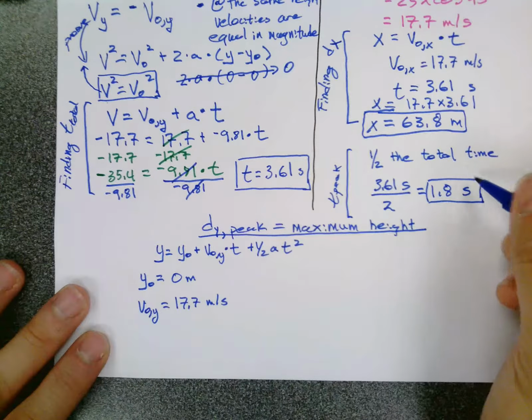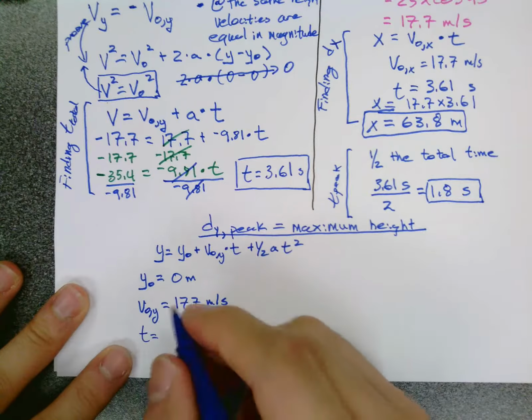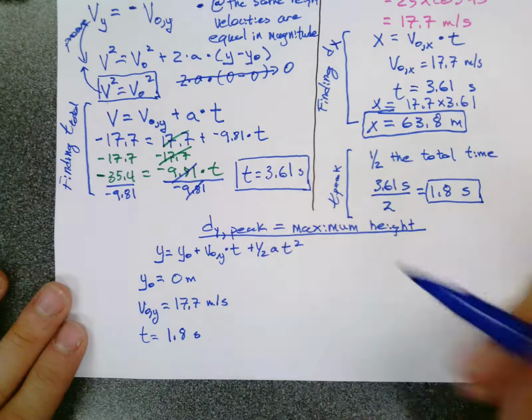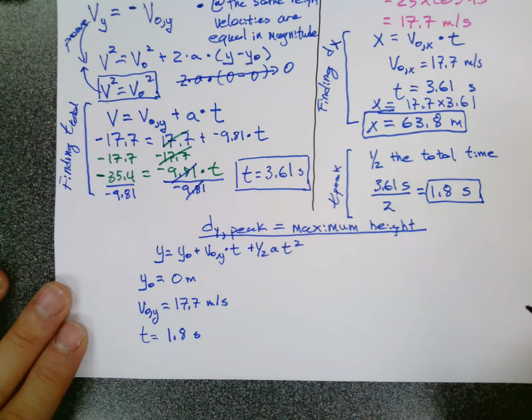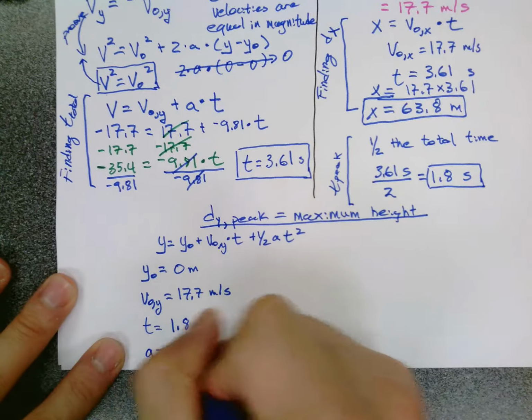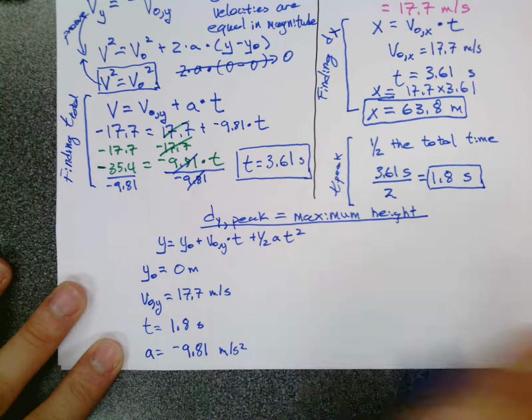The time at the peak is not 3.61, but actually 1.8 seconds, because we're looking for the vertical position at the maximum height, or at the peak. And our acceleration is negative 9.81 meters per second squared.